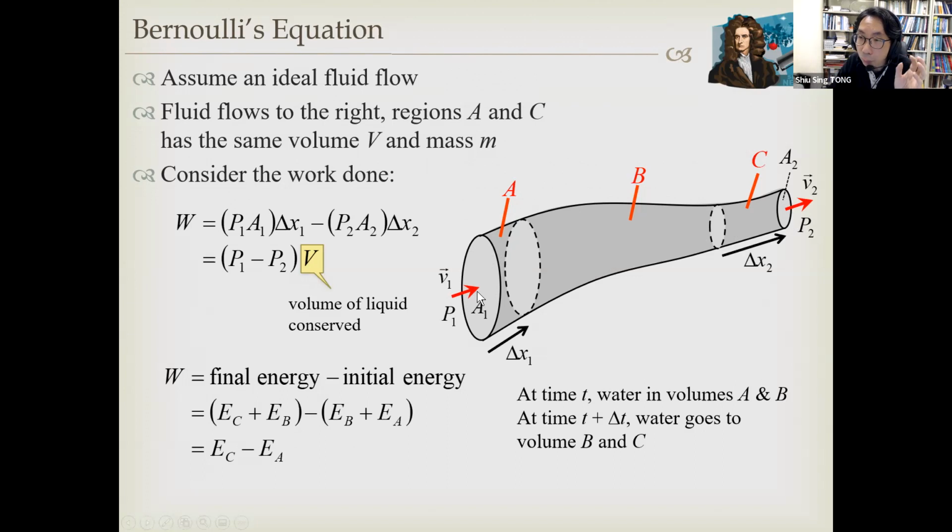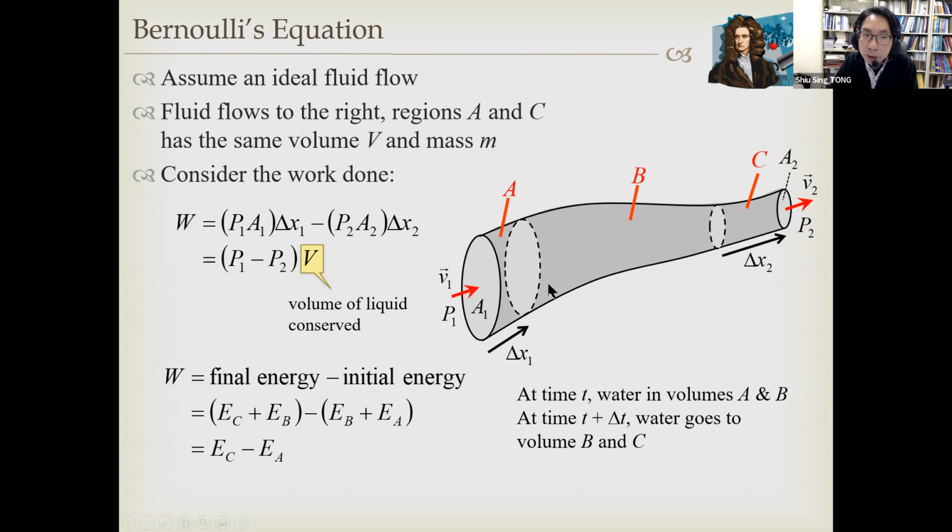The volume of liquid flowing into the tube occupies this region A. And during the same time, there's another volume of liquid that flows out of the tube on the other side, corresponding to the volume in region C. So the volume of region A and the volume of region C are the same, because the same volume will flow in and flow out in order for the total amount of liquid inside the tube to be conserved.